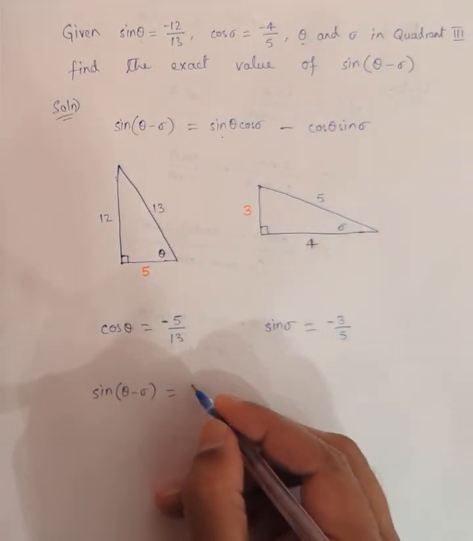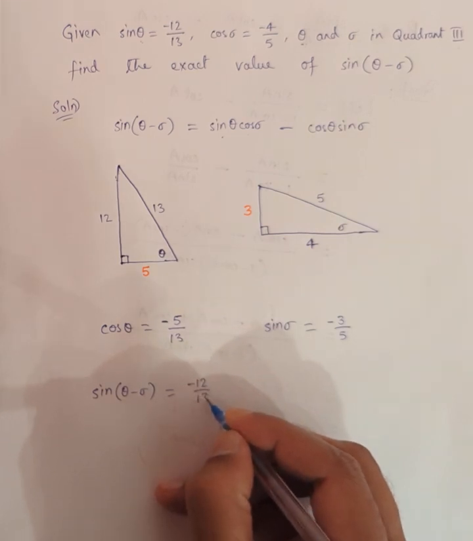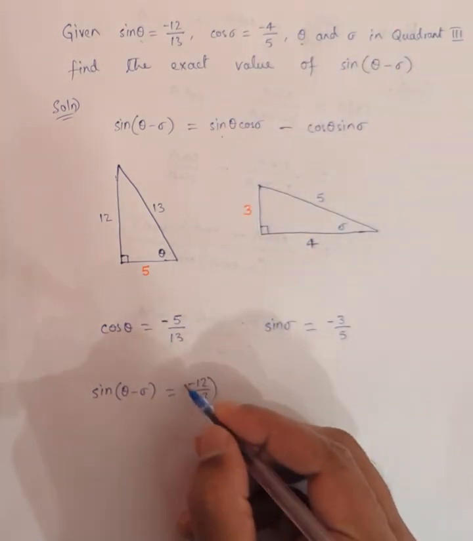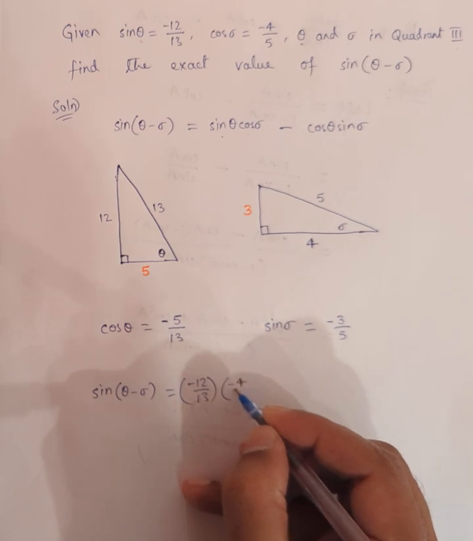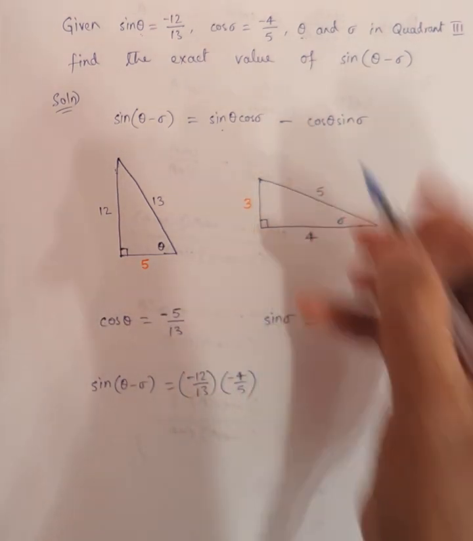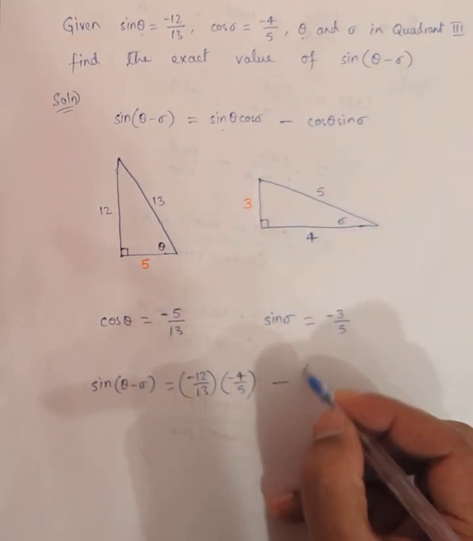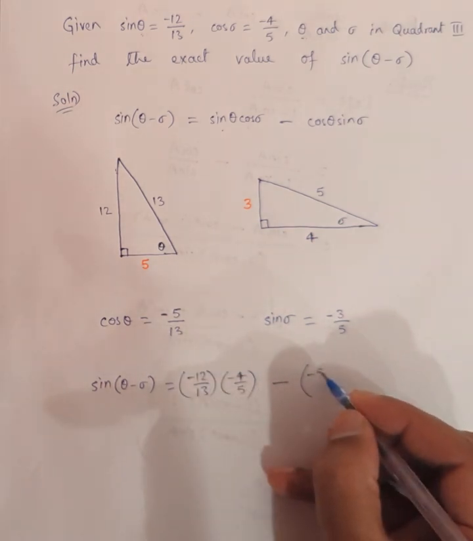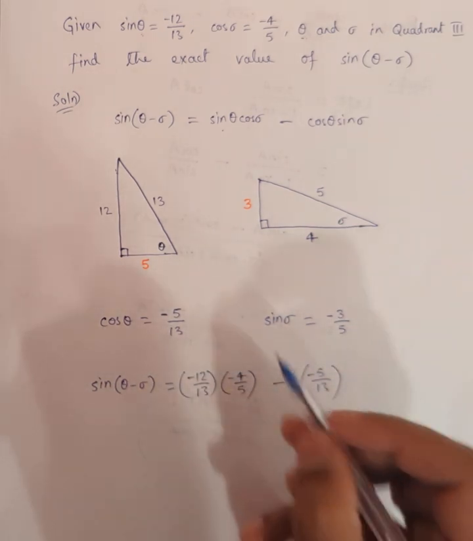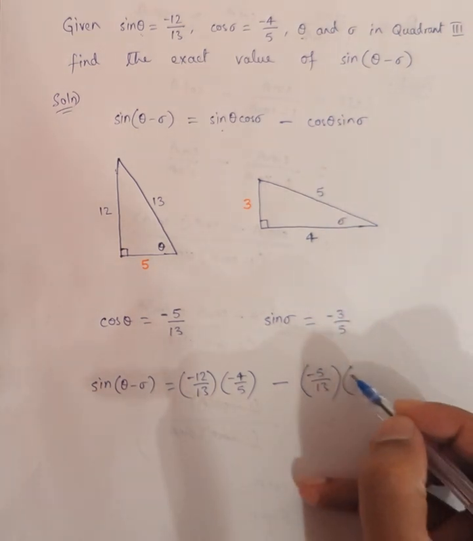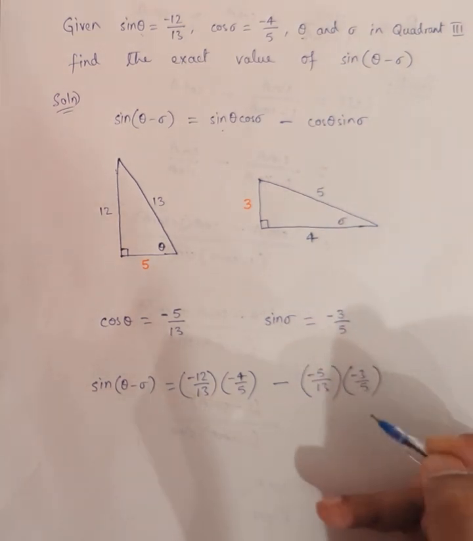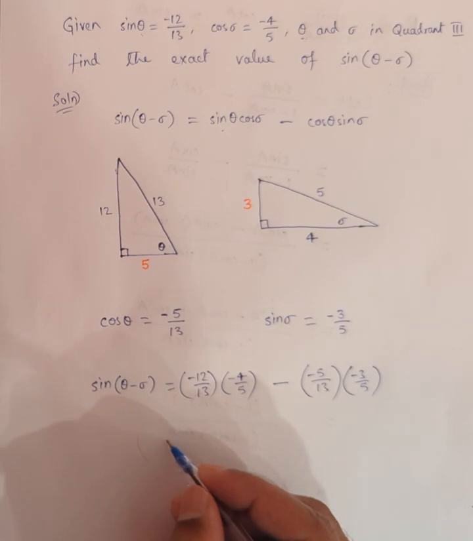Sine theta is negative 12 over 13. Cos sigma is negative 4 over 5. And then we have to subtract cos theta, which is negative 5 over 13, times sine sigma, which is negative 3 over 5.